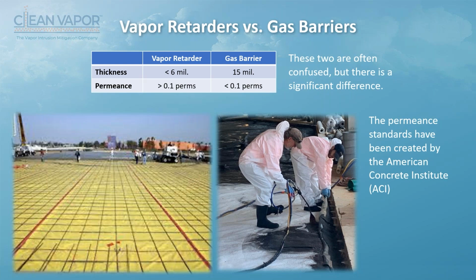It is a water permeance barrier only. And the American Concrete Institute, ACI, has set up standards for permeance to evaluate these vapor retarders. So if you see chemicals of any type or anything that even by pH could degrade polyethylene, you want to shift immediately into a more protective vapor barrier.